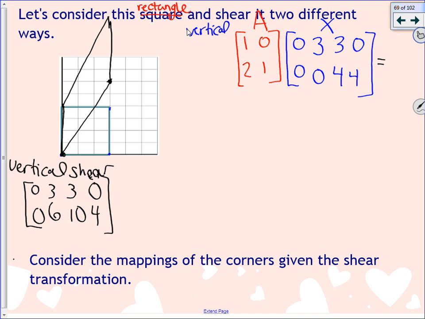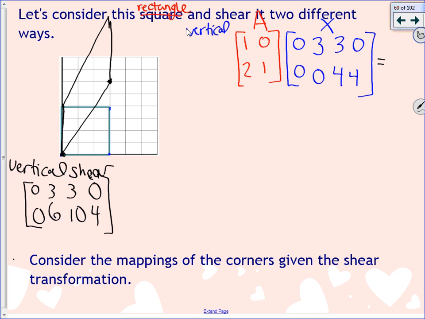I'm just curious, how did the factor of 2 translate into a vertical shear of 6? Because you're multiplying the 3 by 2 and adding it to the 4. It's like mx plus y. So if it was 0, 4 and 4, 0, it would end up with 8 as well.